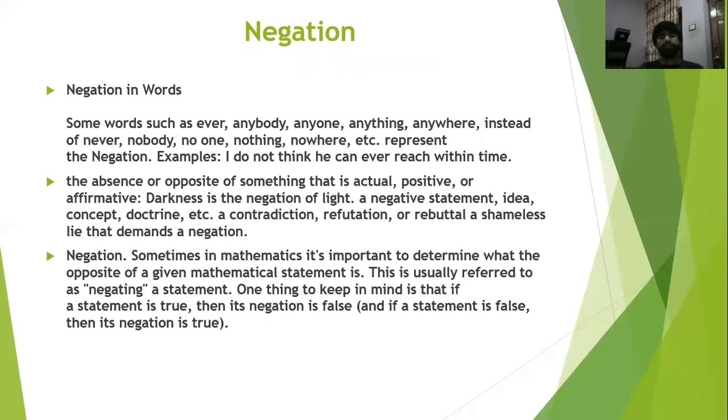And here, what is negation? Negation is a word, some words such as ever, anybody, anyone, anything, anywhere, instead of never, no one, nothing, now, ever. So when we use negation, here somebody or something applies to the negation. Negation is a branch in discrete math.